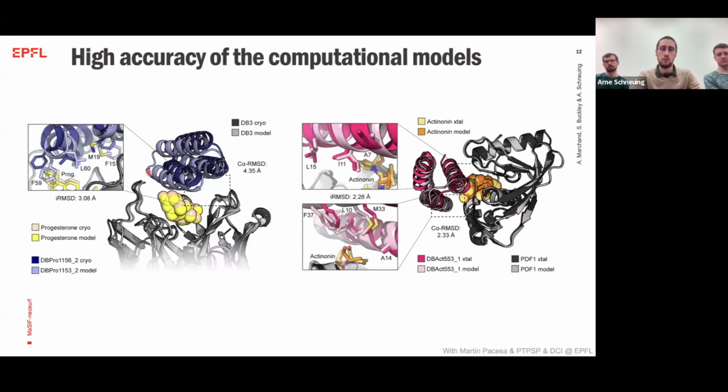So in the case of the progesterone binding system, we were quite close, but still there was a little shift of the protein. Maybe this is due to the fact that we are targeting an antibody that has some binding loops, and these are highly flexible, and this is also hard to predict. But in the case of the actinonin binding system, we are very close in reality to the computational prediction that we initially did on the computer.